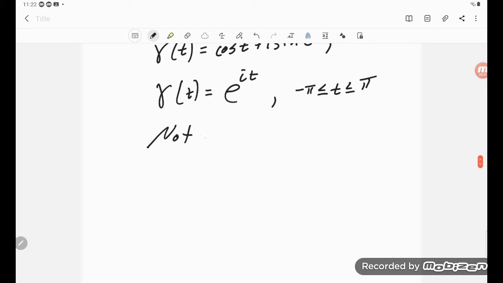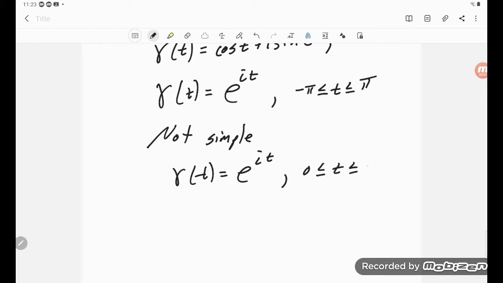Not simple might be if you go around twice. So gamma of t equals e to the it, 0 less than or equal to t less than or equal to 4 pi, because I go around twice.